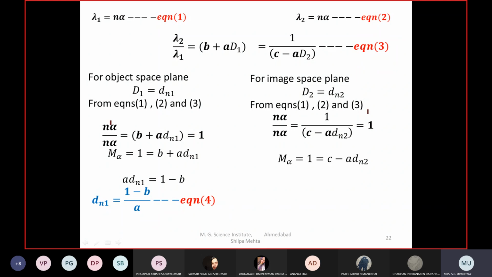Therefore 1 is equal to c minus a dn2, and so dn2 is equal to c minus 1 upon a. This is our equation number 5. These equations 4 and 5 give the positions of the nodal planes for any complex optical system.